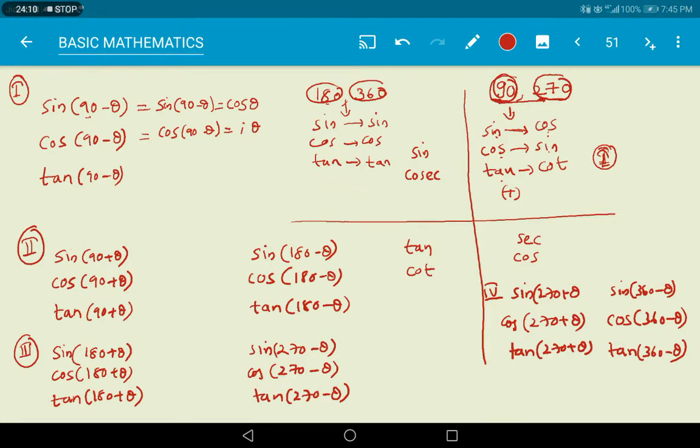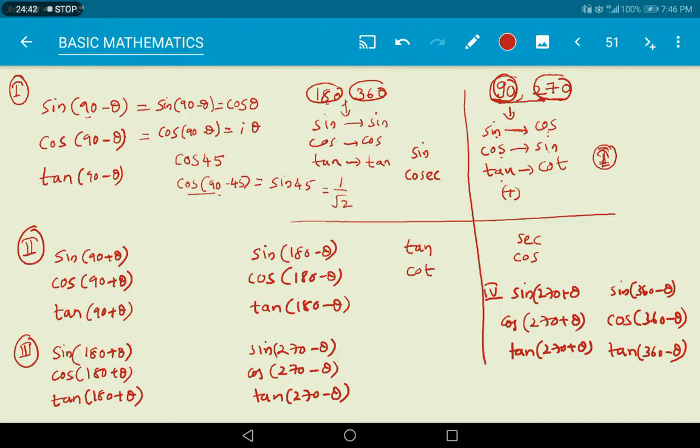So suppose they are asking cos 45. So we can write cos of 90 minus 45, which is sin 45, because this is in the first quadrant. 90 minus theta is in the first quadrant. In the first quadrant all will be positive, so cos becomes sin, therefore 1 by root 2.